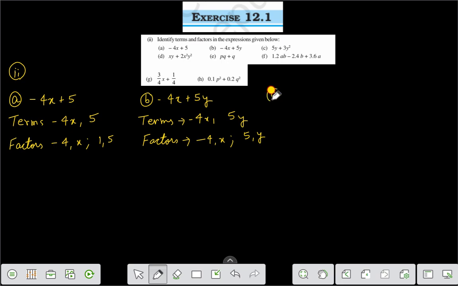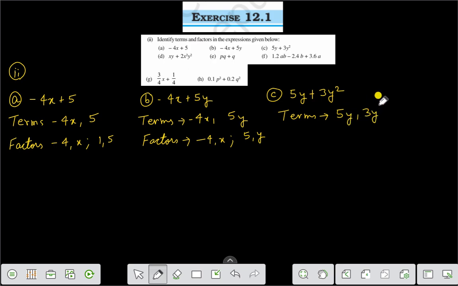Now question number C is 5y plus 3y square. The various terms are 5y and 3y square.